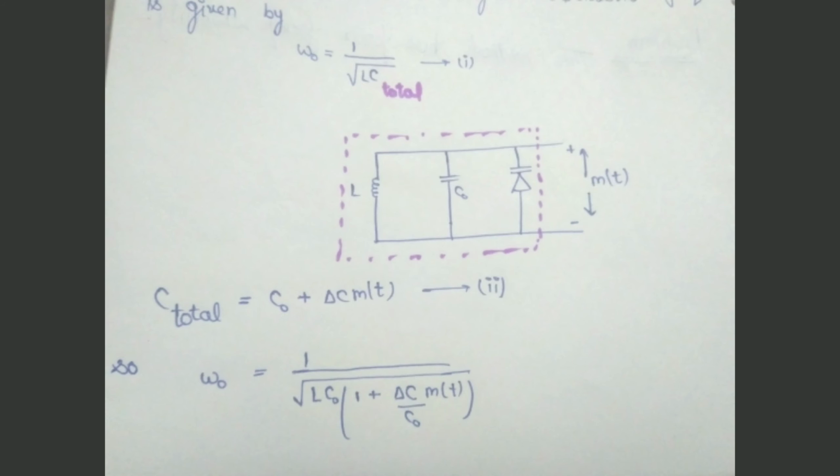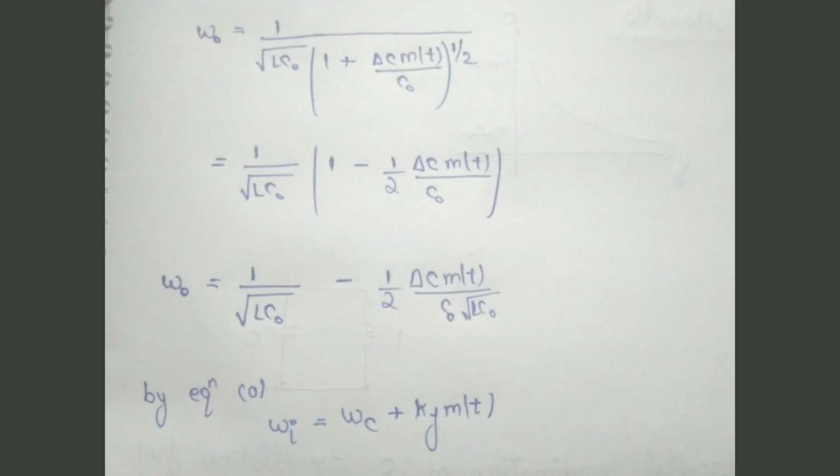If we put the value of C total in equation 1, then ω0 will be 1/√(L(C0 + ΔC)). If we take out the common term C0, we get 1 + ΔC(m)/C0. Then by the binomial expansion, we change the denominator part into the numerator, resulting in (1 − (1/2)ΔC(m)/C0) × 1/√(LC0). Then ω0 is the resultant 1/√(LC0) − (1/2)ΔC(m)/C0 × 1/√(LC0).